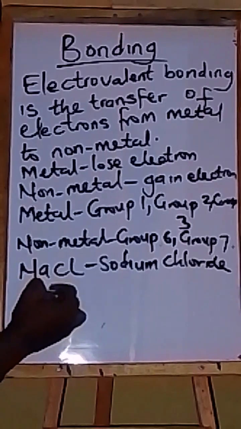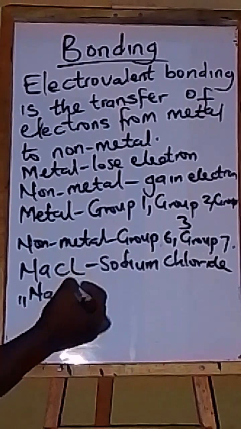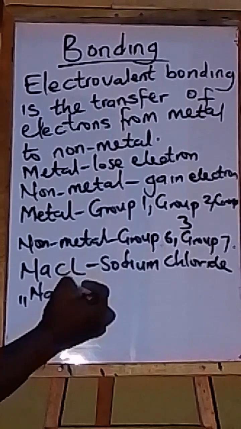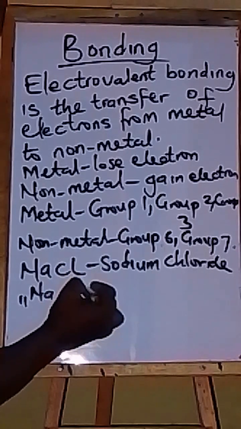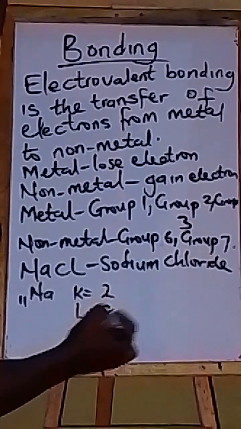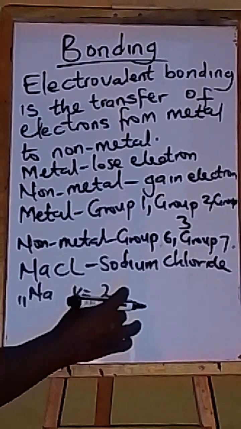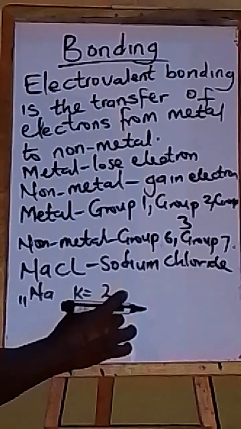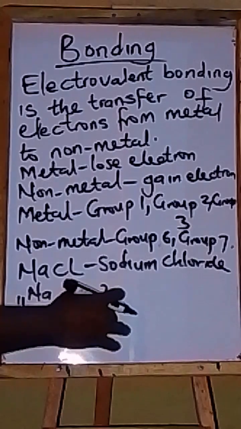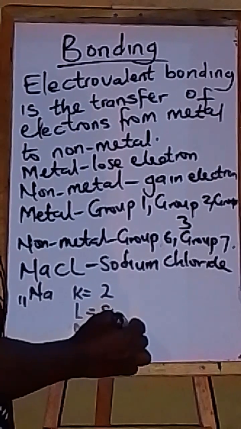Sodium is 11, and if you want to arrange it according to K, L, M shell, remember K is always 2, L is 8, and M is 18. Before you get to 18, you add up. 2 plus 8 is going to give us what? 10. The rest for this one is 8.